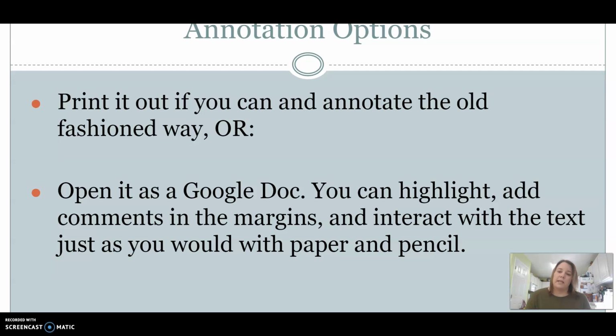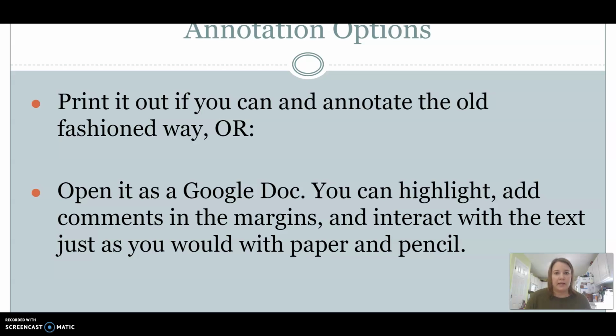Or if you would like to annotate through an online platform, the easiest is to use a Google Doc. So if you open the poem in Google Classroom, open it up as a Google Doc, and then you'll be able to edit it.